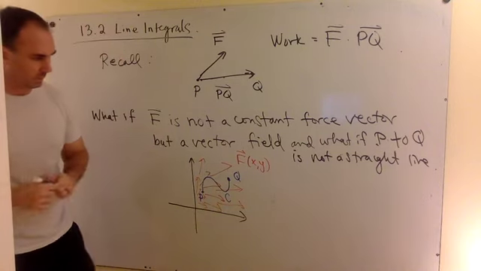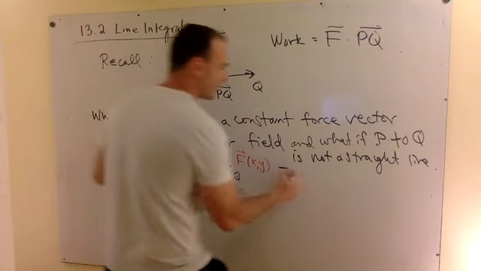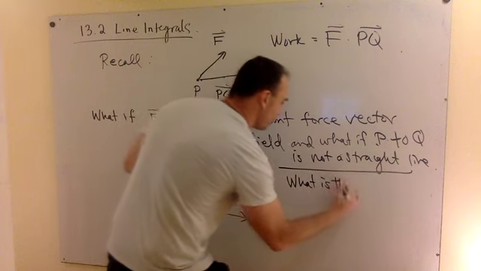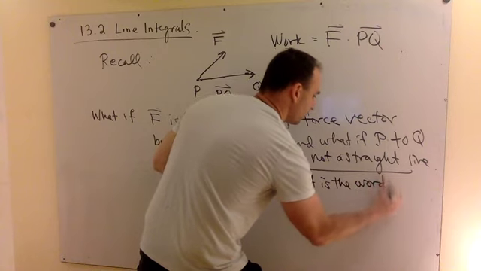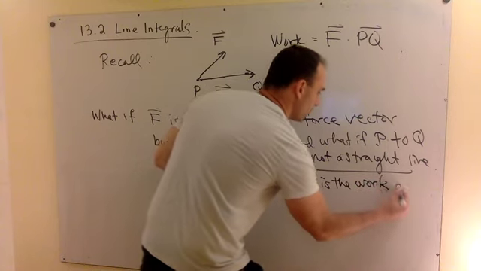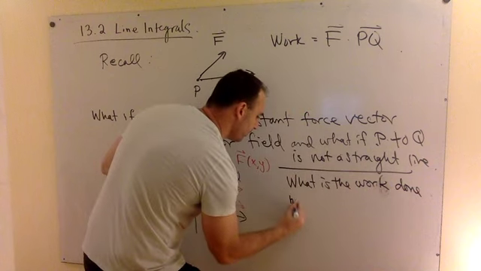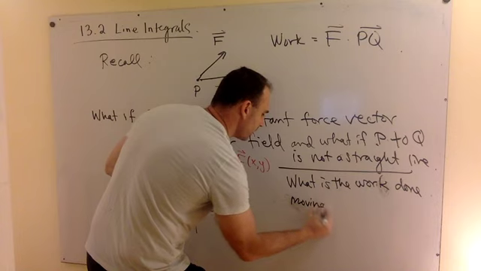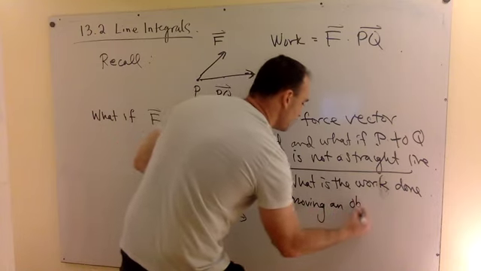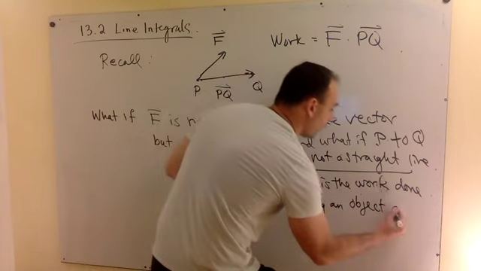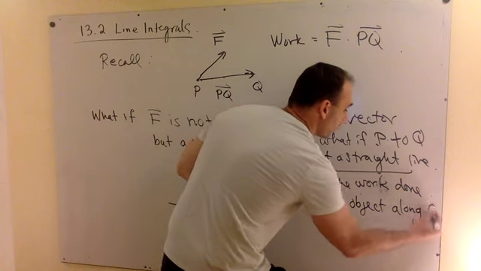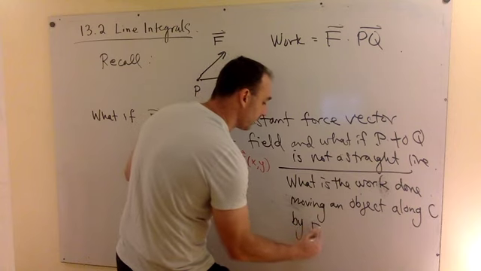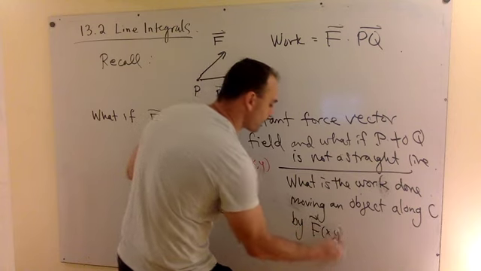Now I want to know this question. What is the work done moving an object along the curve C by the vector field F?